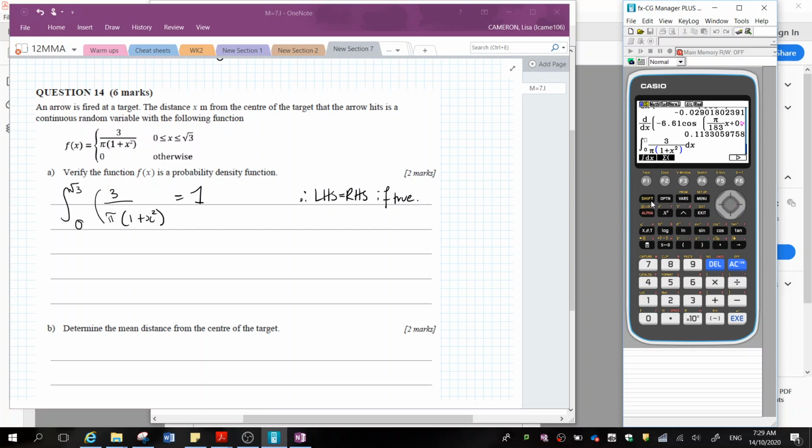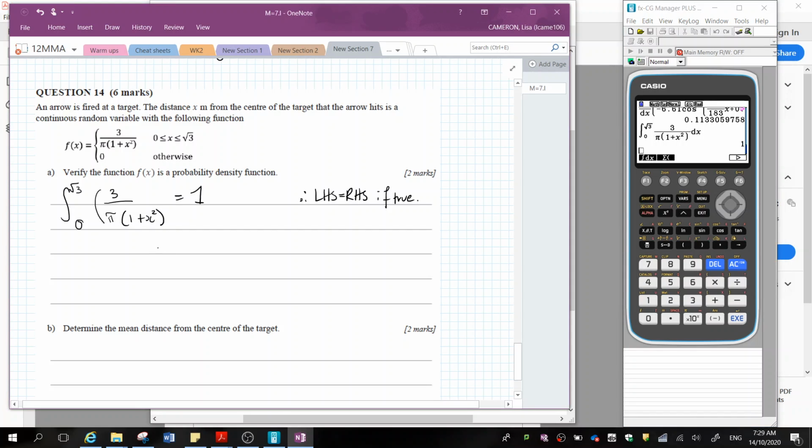Root 3 is our upper bound. And if this is true, it will equal 1. So yes, it does. So I'm going to write 1 is equal to 1, verified with technology.